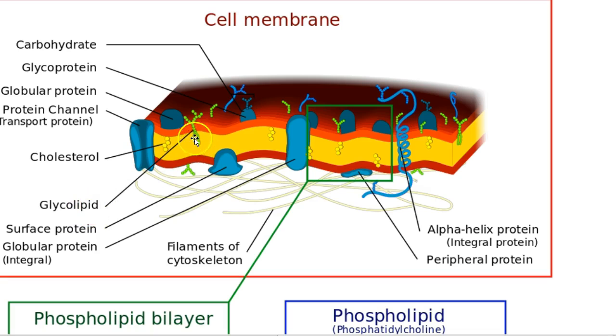Remember, fats hate water, so the fatty area of it is embedded in the hydrophilic part of that phospholipid membrane, and the sugar part of it sticks out the top here. We have other types of proteins that are embedded through it. This one here is a protein as well, and all of them have their own very important jobs.